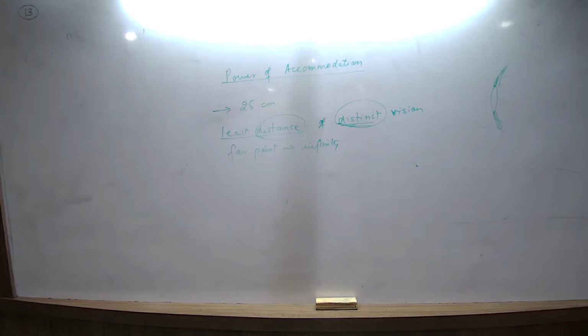Far point of the eye. From your textbook, pick up the line from there. What is the far point? The furthest point up to which the eye can see objects clearly is called the far point of the eye.